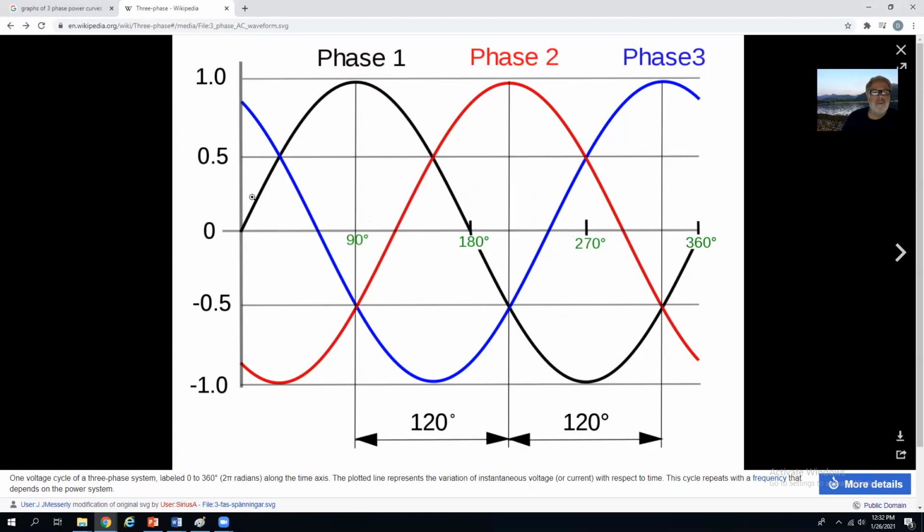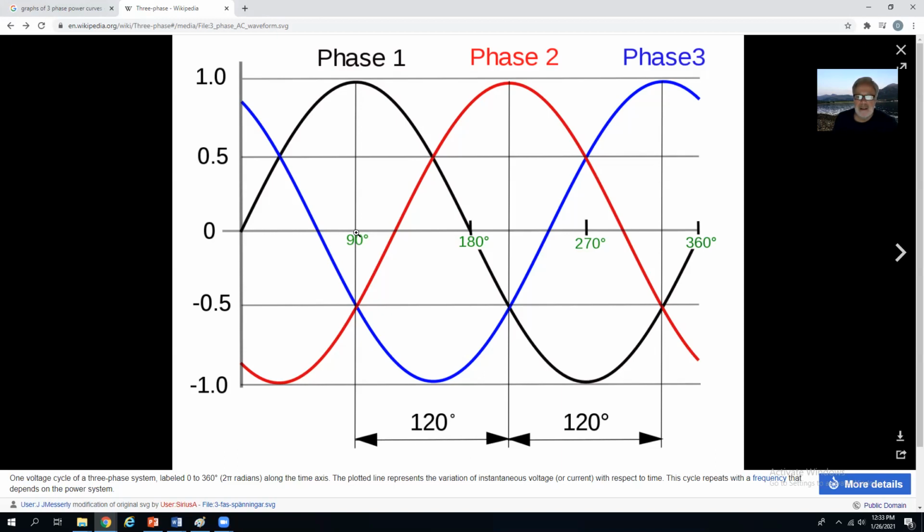And it's marked down here, right? If we looked at the difference between phase one and phase two, we would see that there are 120 degrees of separation between the two. The peaks or zeros are good places to look at curves, right? So the peak of phase one to the peak of phase two is 120 degrees from there.